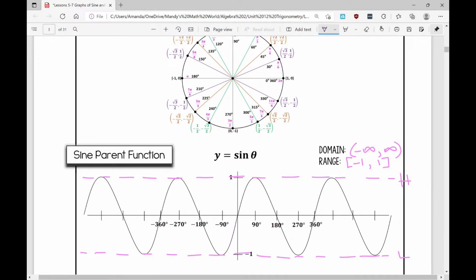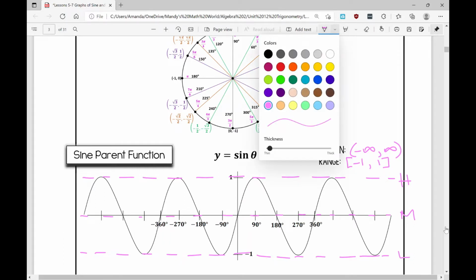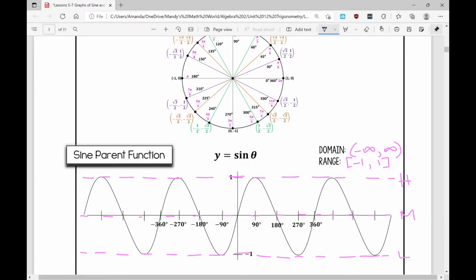So for our sine function, let's talk a little bit about what you see on this graph. I see some degree measures, and I'm going to start on my x-axis. We're going to call this x-axis, the one in the middle, our midline, so put an M there. On this x-axis, I've got 90, 180, 270, and 360.